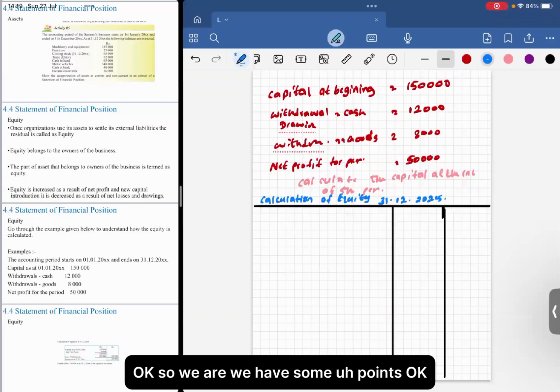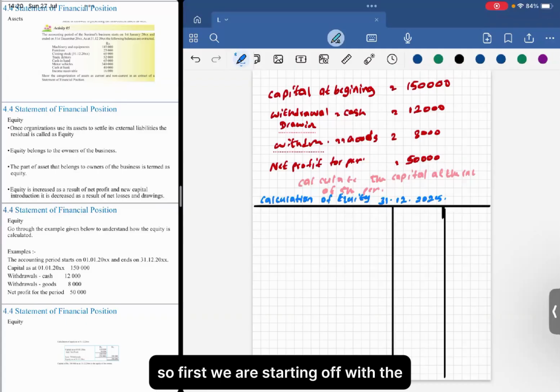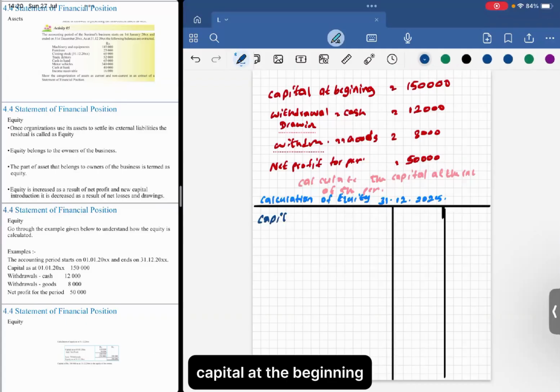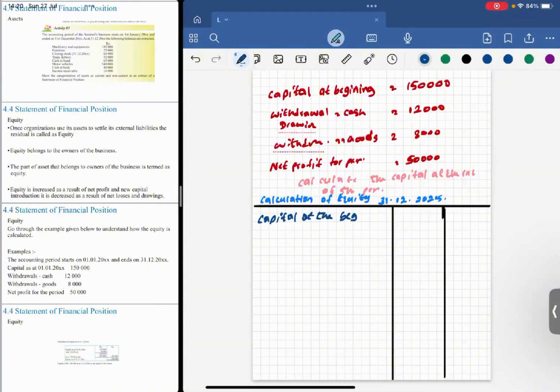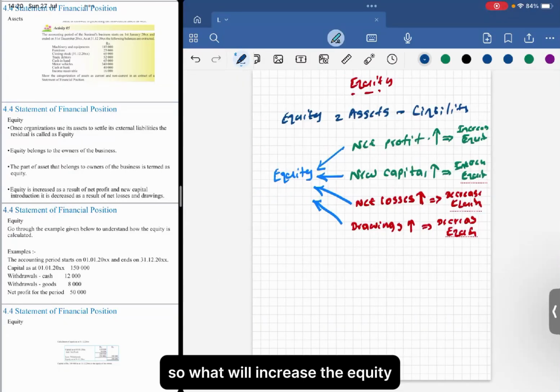Now we are going to calculate the equity of the business. First we start off with the capital at the beginning, which is 1,50,000. Then we add two things. What will increase the equity?